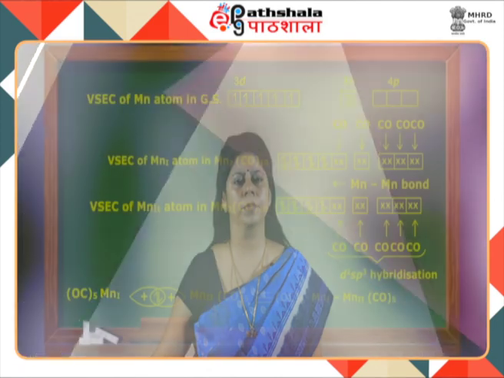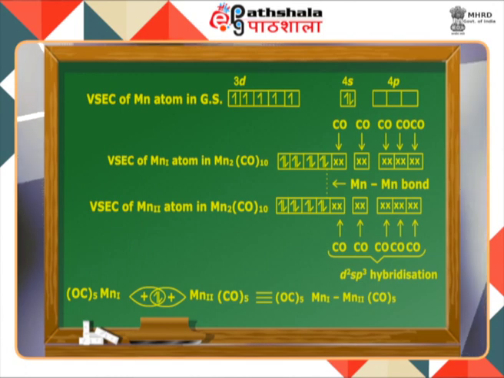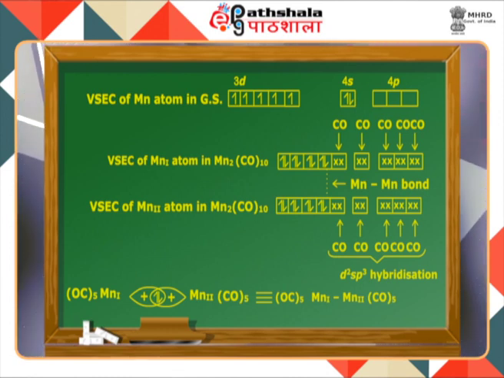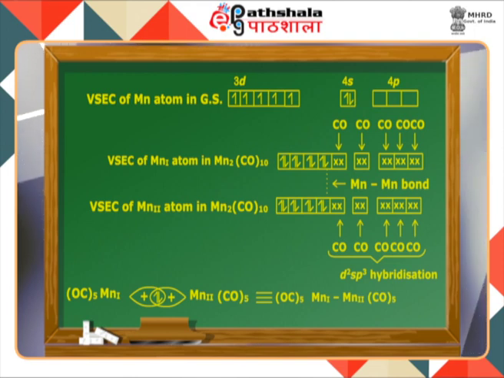In the Mn2 carbonyl complex, the Mn-Mn bond is formed by the linear overlapping of singly occupied d2sp3 hybrid orbitals of two manganese atoms. You can see the valence shell electronic configuration for manganese atom 1 and manganese atom 2 forming a complex with carbonyl molecules.